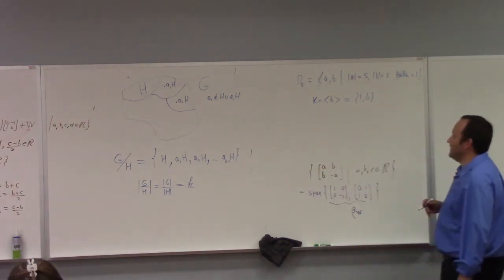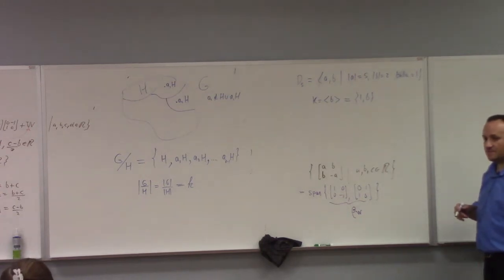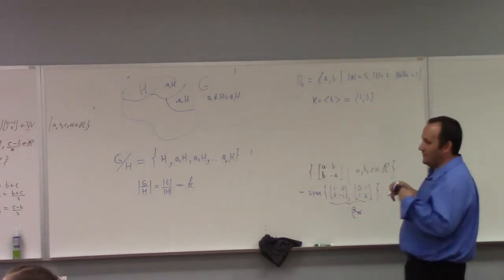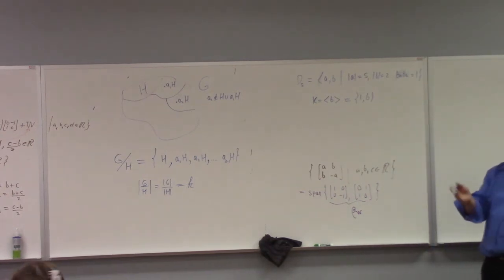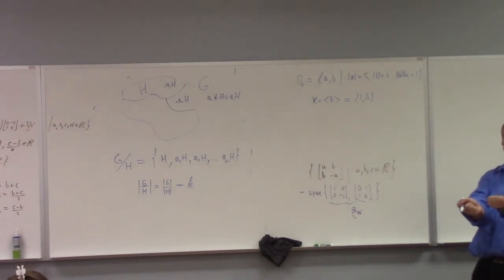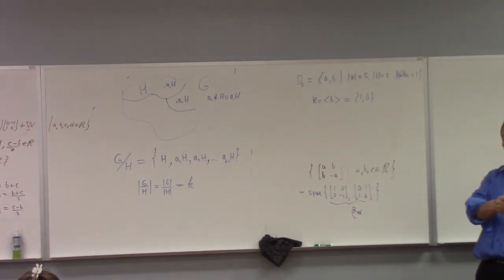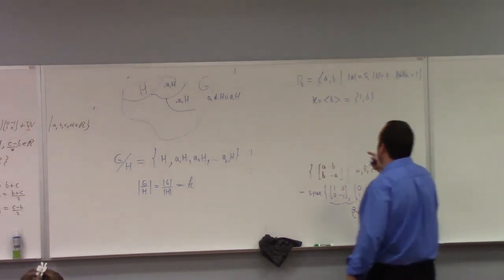For some reason, I'm using 1 instead of E all of a sudden. My apologies. And so how many cosets? You should have in mind what your target is before you start calculating. How many cosets? 5, right? Because 10 divided by 2 is 5. 5 cosets. So that's 1.